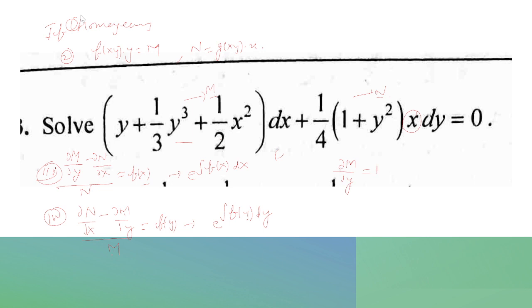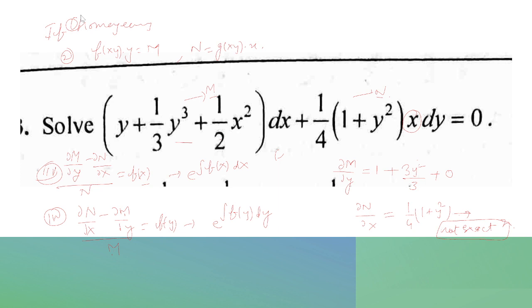What we get is 1 plus 3y square divided by 3 plus 0, and the partial derivative of N with respect to x is 1 by 4 into (1 plus y square) into the derivative of x, which is 1. So del M by del y is not equal to del N by del x. First of all, we can say that this is not an exact differential equation.